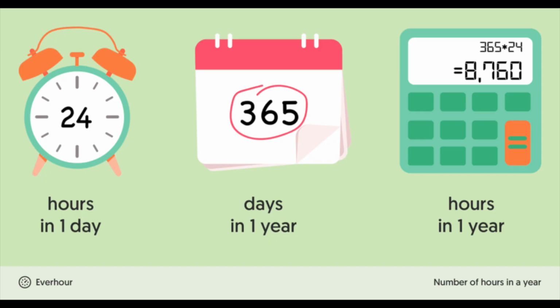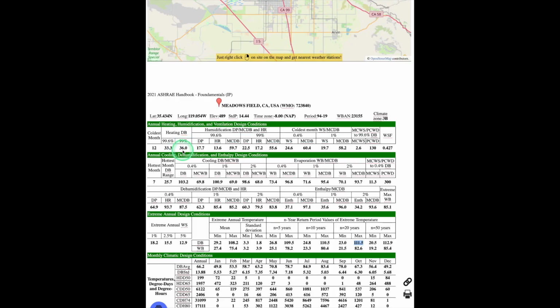So 99% of the time during the winter, or just 99% of the year, so only 1%, which is 88 hours, will it ever go below 36 degrees. So 99% of the time, it will always be warmer than 36 degrees. That's all that means. So, right? So 99.6% of the time, it will always be warmer than 33 degrees.